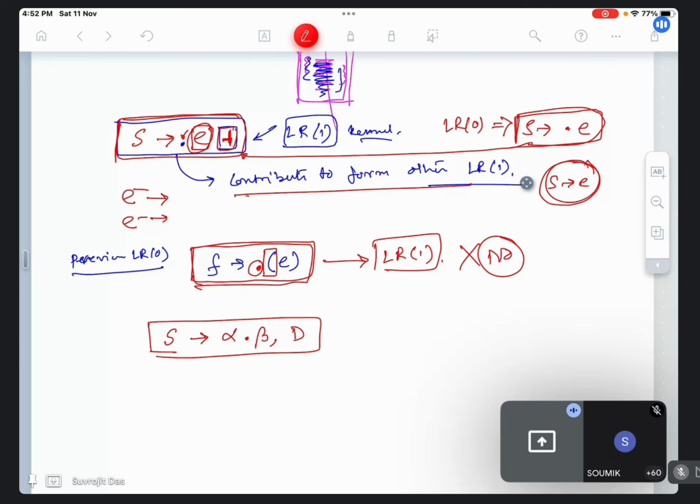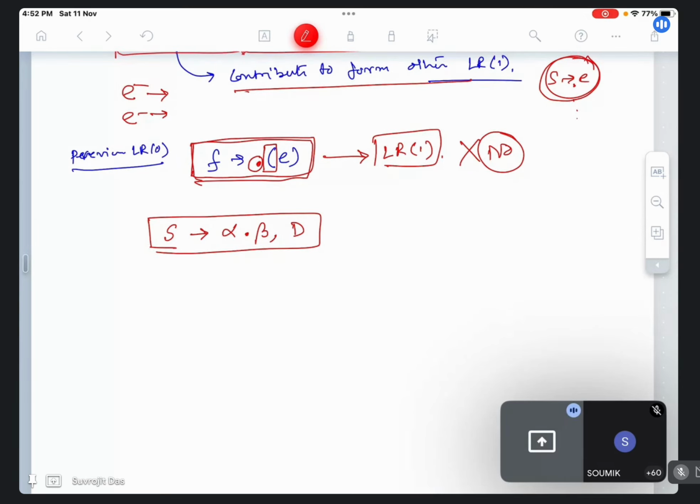For each such production, start with placing a dot as the leftmost point, and LR1 items look like this, right? So you have a production S goes to alpha beta, dot is somewhere in between. The dot may be here, the dot may be here, the dot may be here. So to generalize, I have put the dot in the middle, it doesn't matter. And followed by D is the look ahead symbol, right?